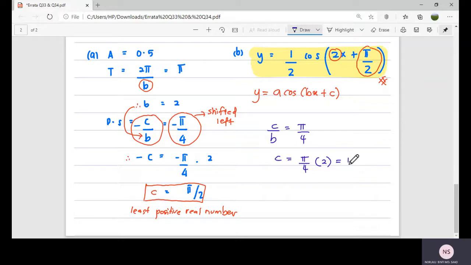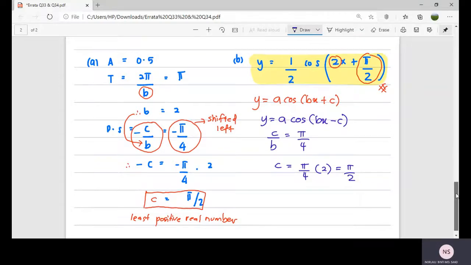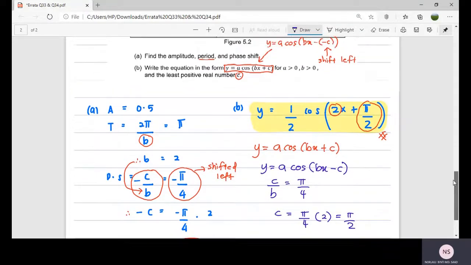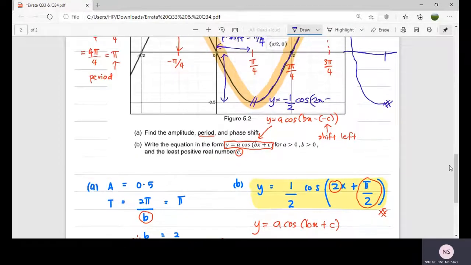So we have here pi over 2. This is when the question asks you to write in the form of a cos bx minus c, where your c is a positive real number. So c over b is pi over 4 and c is pi over 2. Then you substitute 2x minus pi over 2.